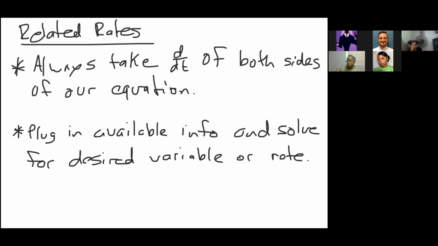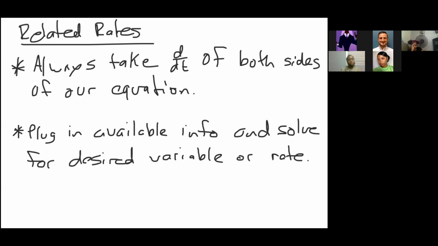So I'm always going to be identifying what my equation is, the variables, etc. Take the derivative with respect to time of both sides. Then I get 2 equations. I'm going to get how these things are related and then how their rates are related, i.e. related rates. Once I have both of those, I plug in the information that I need. Sometimes I'm going to have to use the first equation to find specific information, or the second equation, my related rates equation, but then I just solve for the rate or variable that I'm looking for.